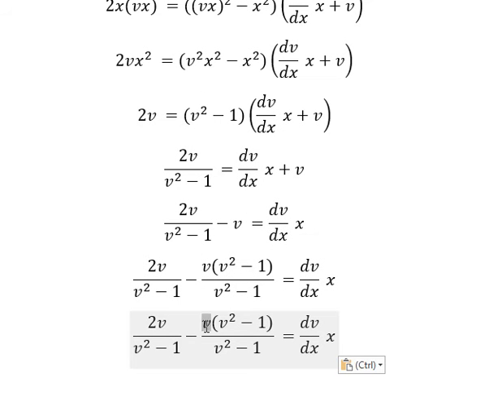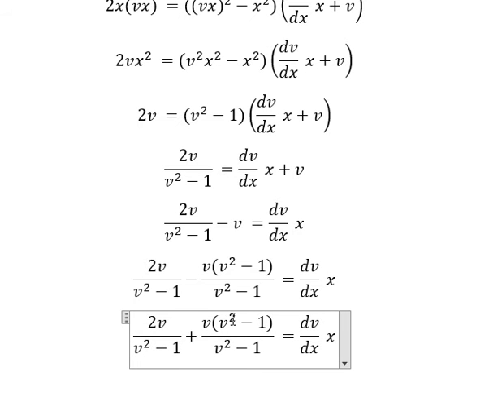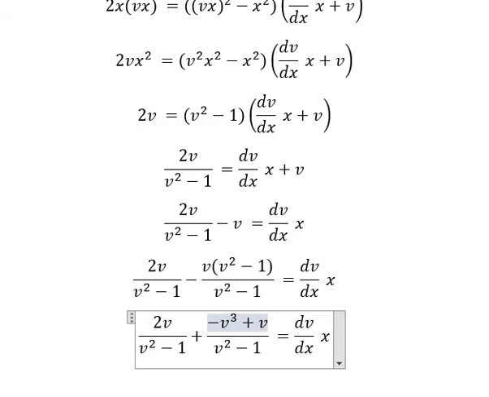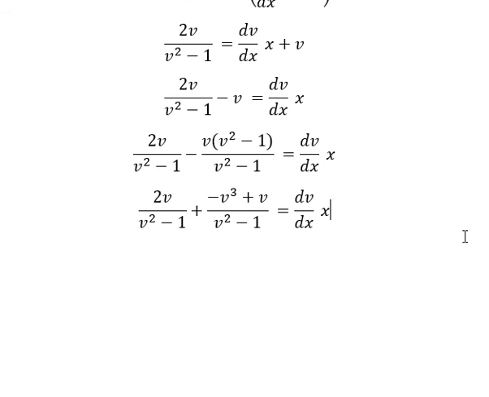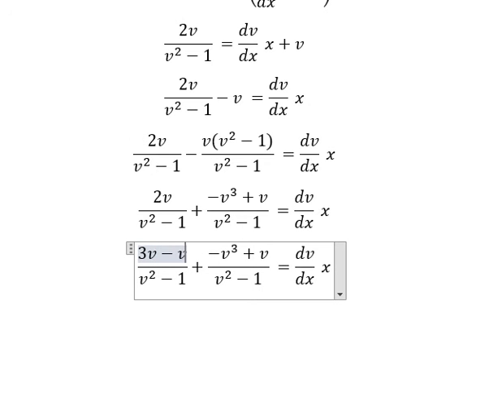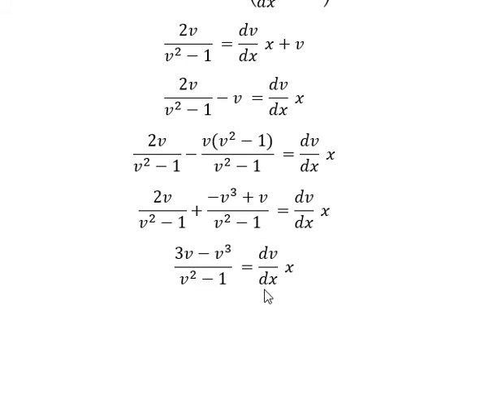Negative, and we have negative v in here. So negative v multiplied by v squared and negative 1. So 2v with v in here, we have 3v. Next, we put the x and x on the left, and this one we put on the right.